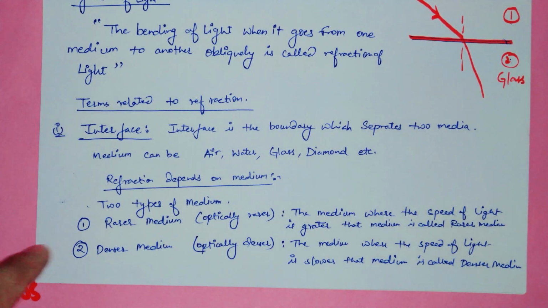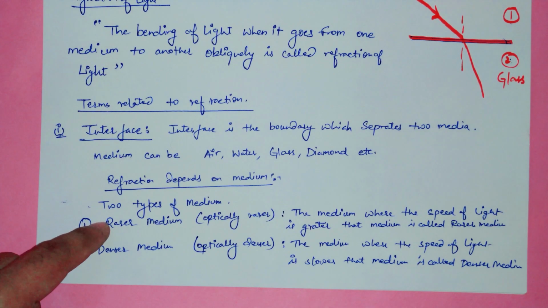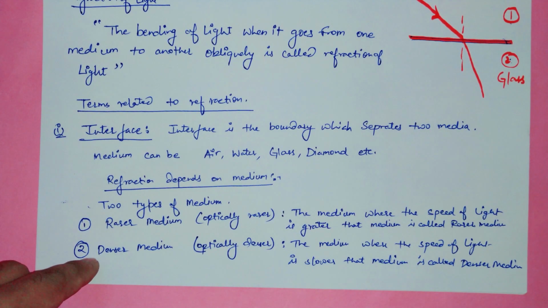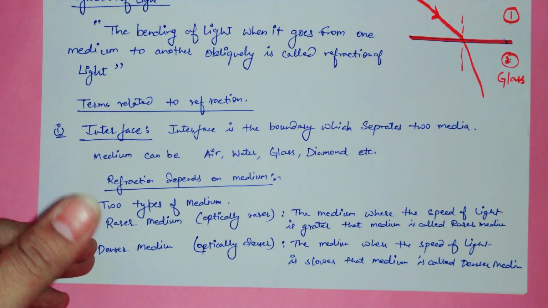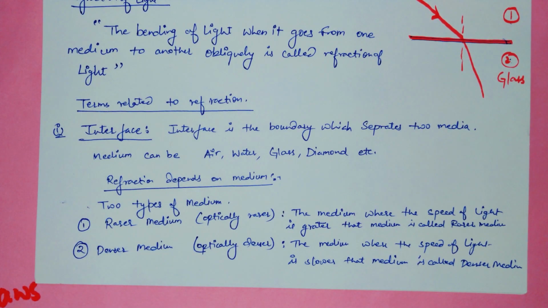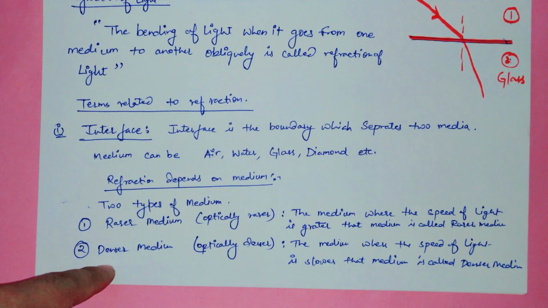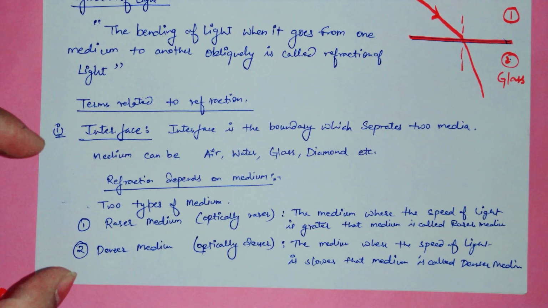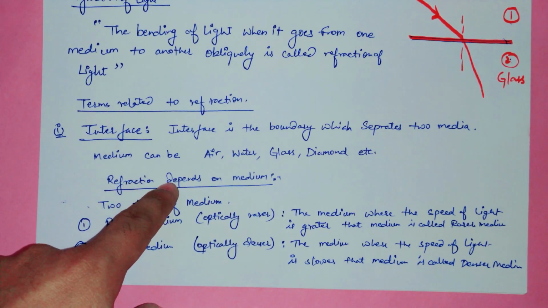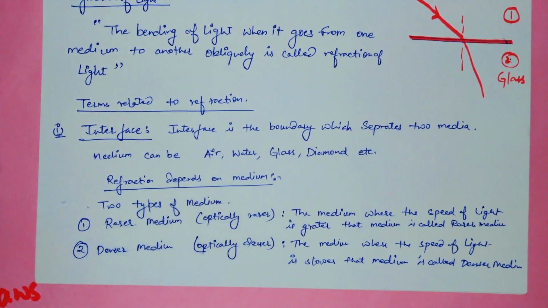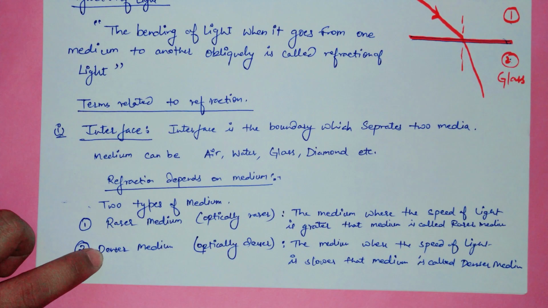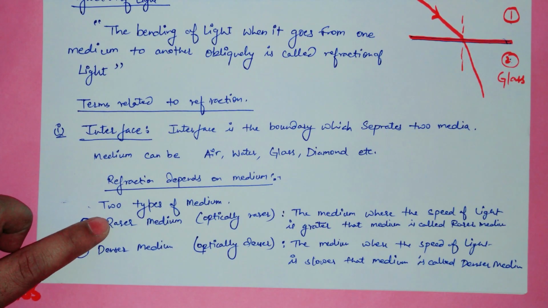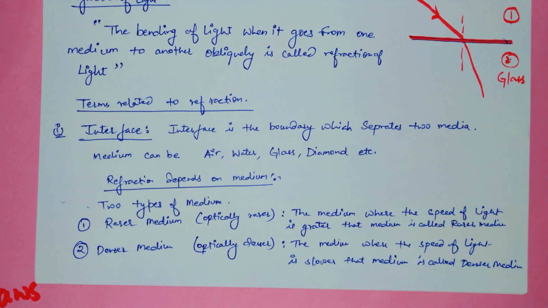So rarer medium means the speed of light will be greater and denser medium means the speed of light will be slower. So we have two types of medium. I told you that refraction depends on medium, which means if light goes from rarer medium to denser medium, or denser medium to rarer medium, there will be some change.